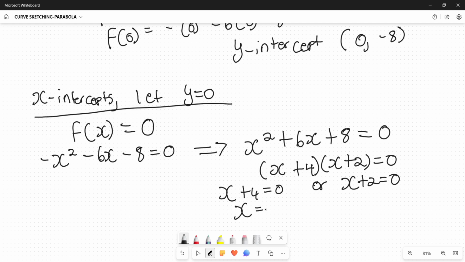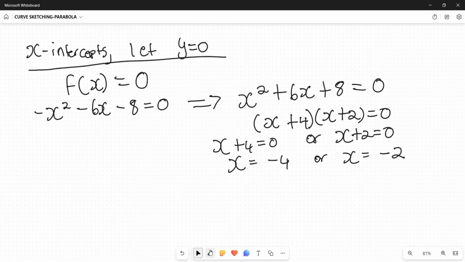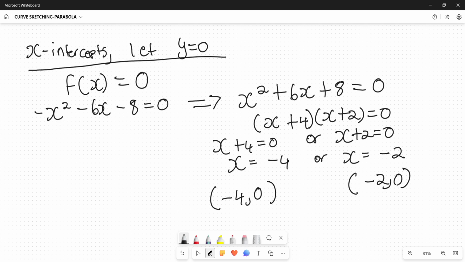Then x equals to negative 4 or x equals to negative 2. So now these are our x-intercepts. Now in the coordinate form, it will be negative 4 and 0 and negative 2 and 0.